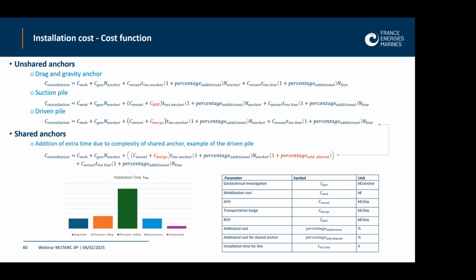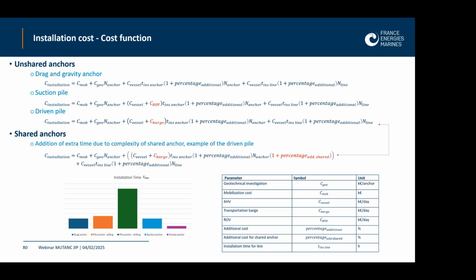For different anchor types, what will change is the installation time, but also for some cases, for example suction pile or driven pile, there are some additional costs that should be added. For suction pile, there is a need of an ROV for installation of the anchor, and for the driven pile, there is a need of a barge for the transport of the pile, for example.